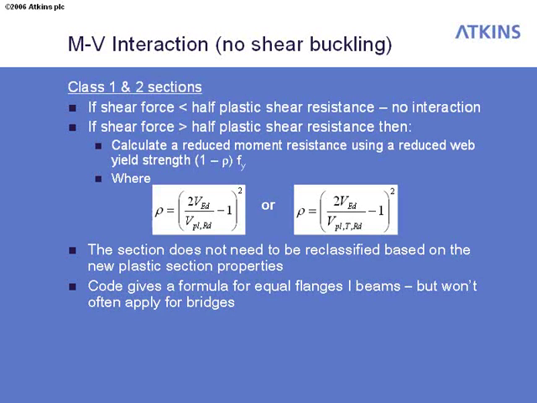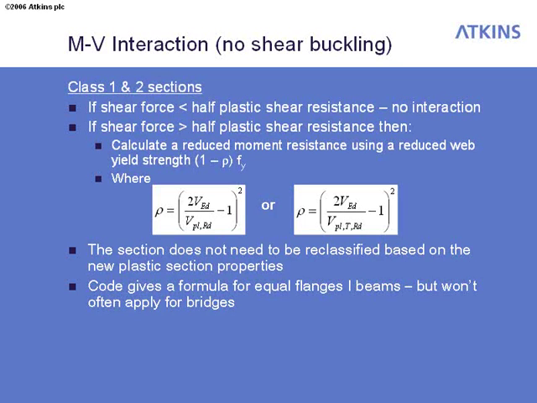The V_pl is just the plastic shear resistance. Alternatively, you can use the second formula shown there, which is essentially just reducing the web strength. And potentially you could just reduce the thickness of the web by the same sort of factor. So there's a couple of different ways you can reduce the web strength and take into account the interaction.